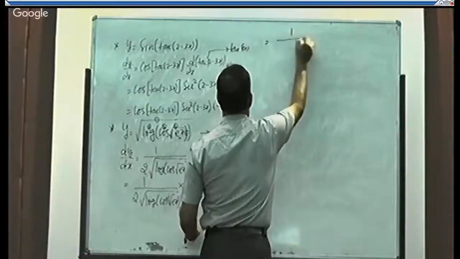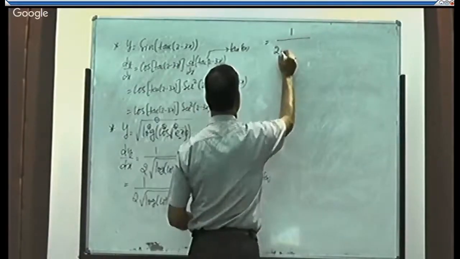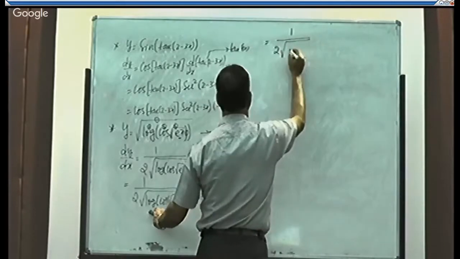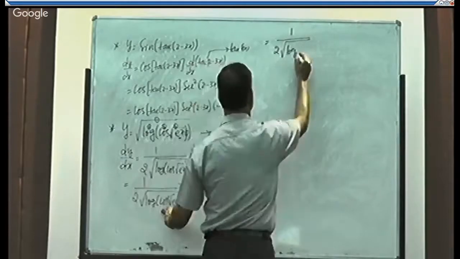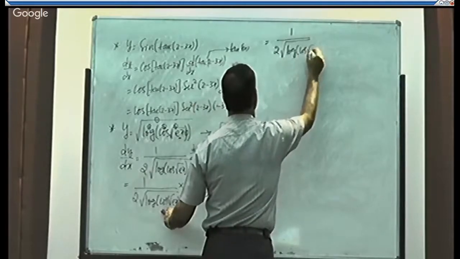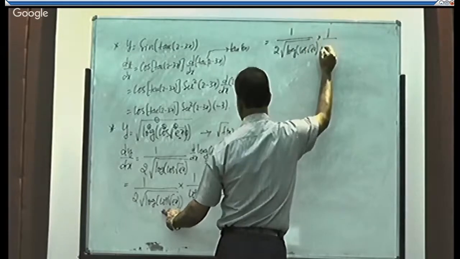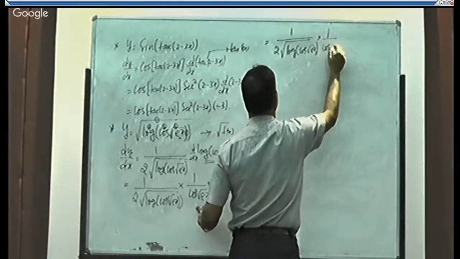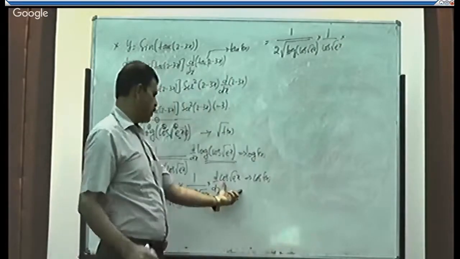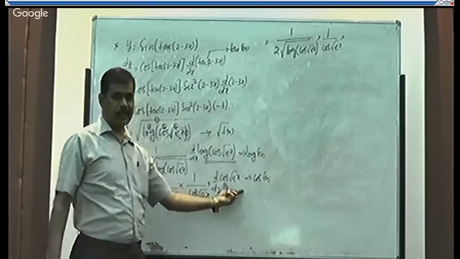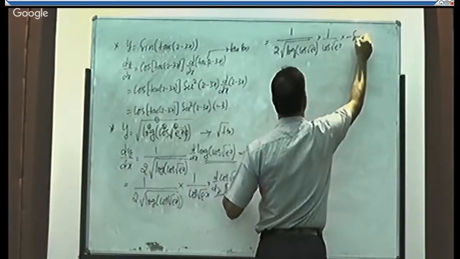1 divided by 2 into root of log of cos of root of e power x into 1 by cos of root of e power x. What is differentiation of cos function? It is minus sine function.